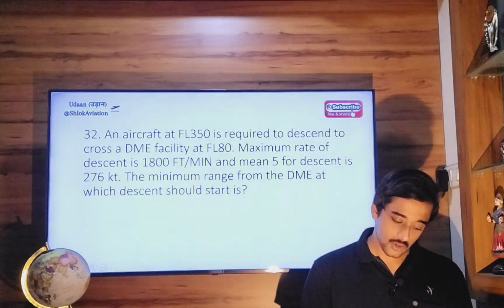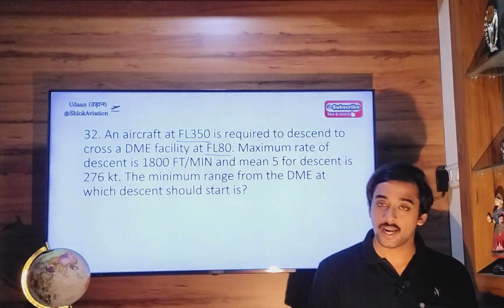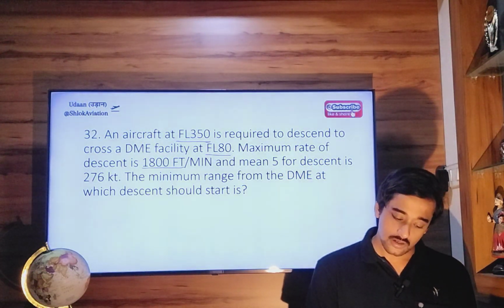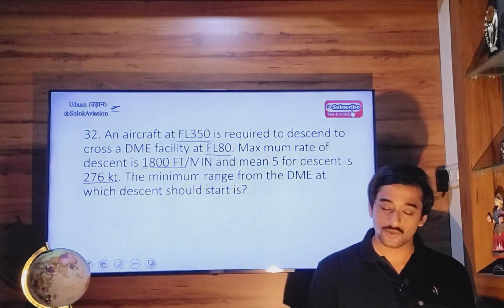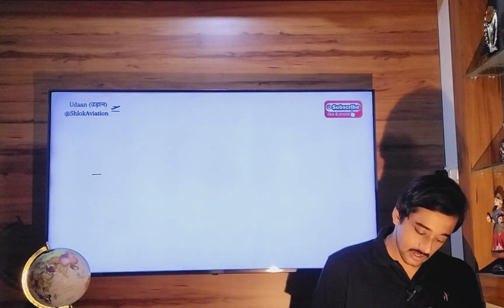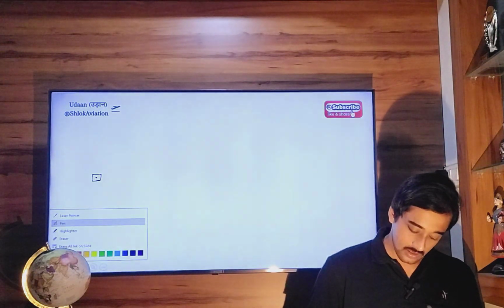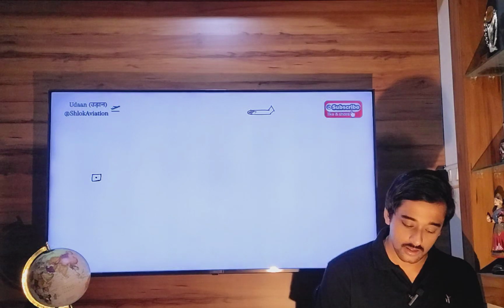Next, question 32. Aircraft is at flight level 350, has to arrive at flight level 80. Rate of descent is given to you. Ground speed is given to you. What is the distance from the DME station? So let's say this is your DME station. Here is your aircraft.